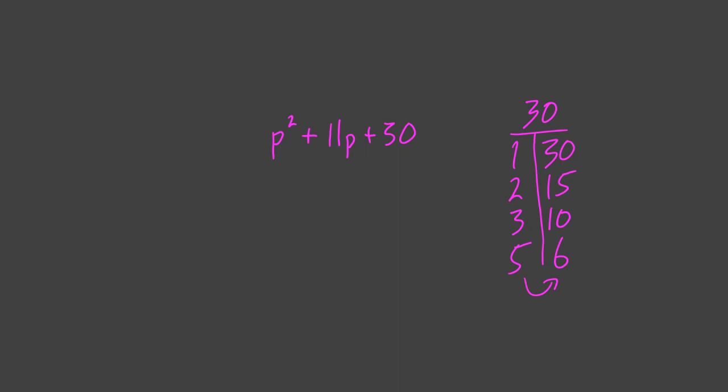Since I know that there are no whole numbers between 5 and 6, I can stop there. So which pair adds up to positive 11? It looks like our last factor pair, 5 and 6. P plus 5, p plus 6 will be our quadratic in factored form.